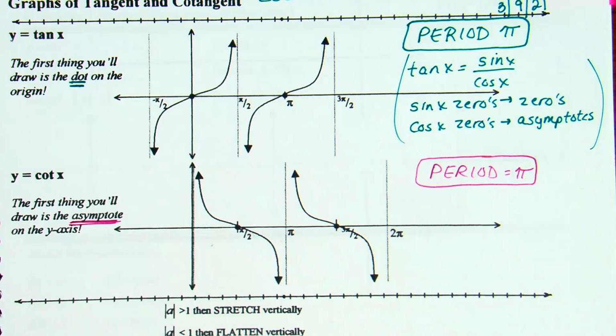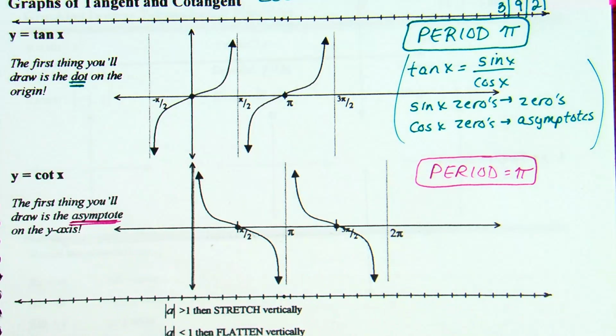Instead of starting with a dot, we start with an asymptote. Instead of an increasing curve going up to the right, it's a decreasing curve going down to the right. So when you draw a cotangent, it goes down.